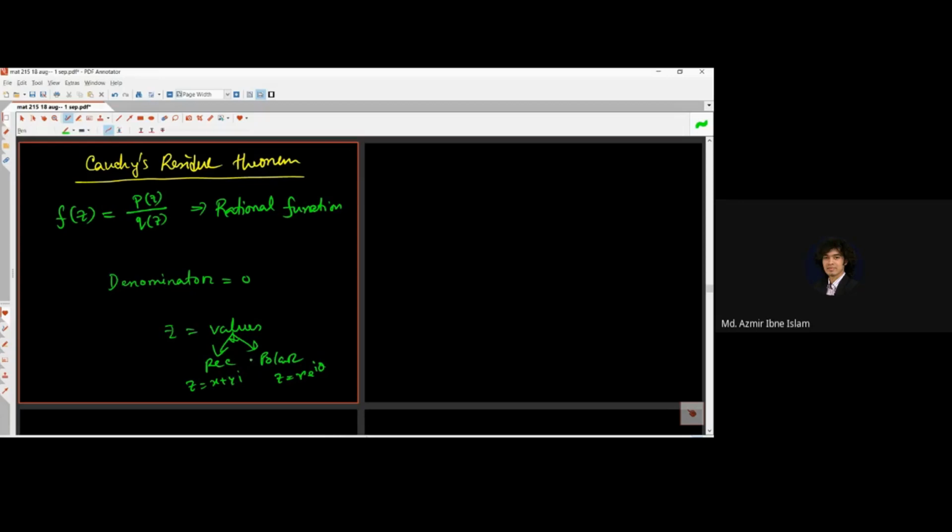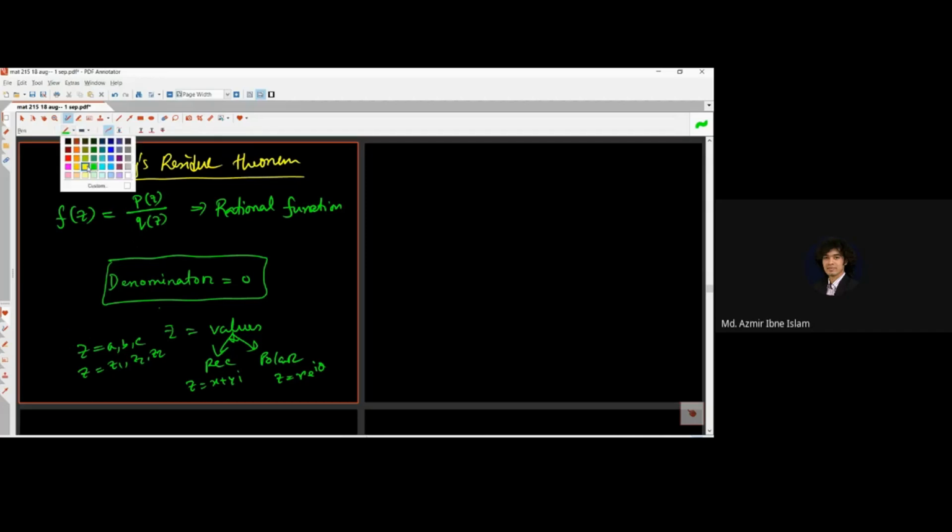So we may get multiple values. Let's say we are getting z equal to z1, z2, z3 by solving this equation. Any complex number is a point. At these points, the function will be undefined, right? Because the denominator is 0. So these points are called singular points. The way of finding singular points is denominator equal to 0. Clear?